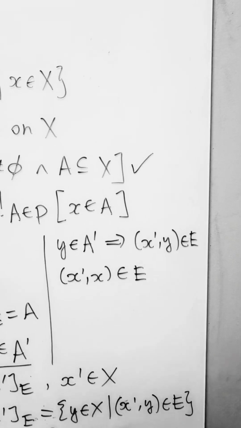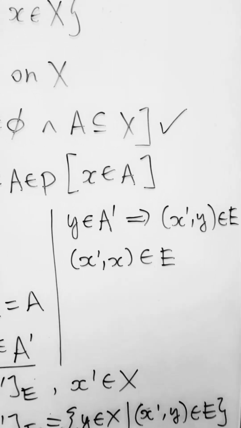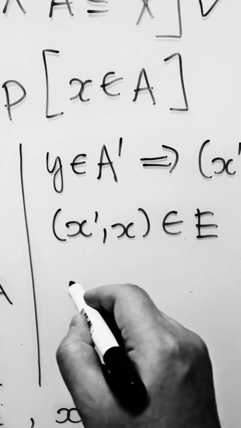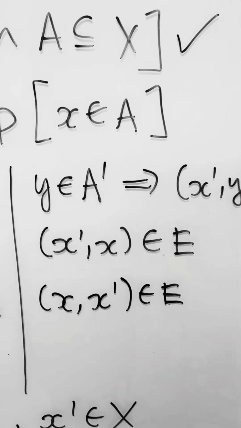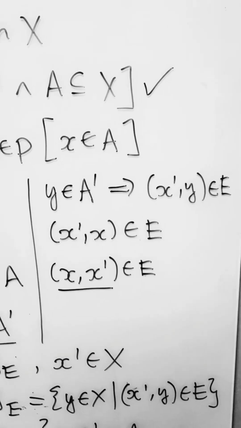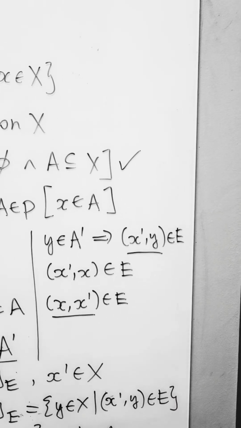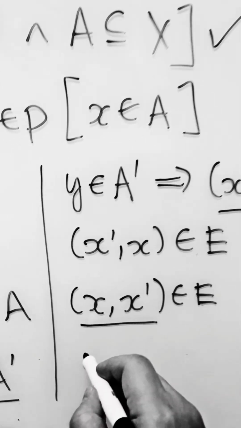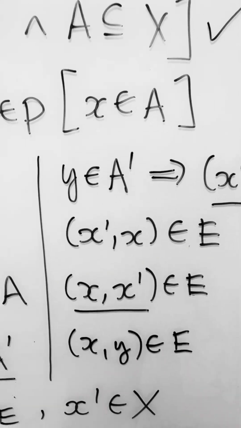Now we can use the property of symmetry of equivalence relations to conclude from here that X X prime is in E. Now observe, X X prime being in E and X prime Y being in E gets us that by transitivity, XY is also in E.